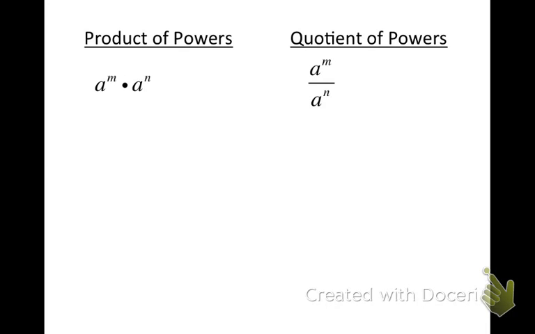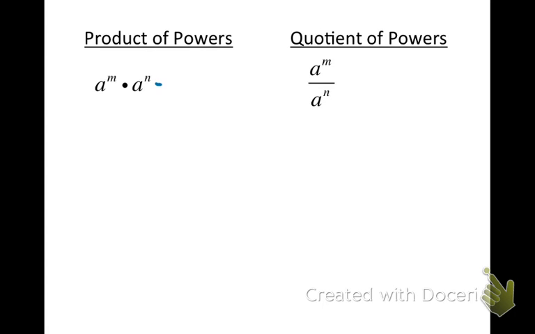All right. Now let's learn some properties of exponents that would apply to powers. We're going to start off with two properties that I think that you know quite well, called the product of powers and the quotient of powers. In this first example, I have one power times another power. Whenever you multiply two powers with the same base, you simply add the exponents.